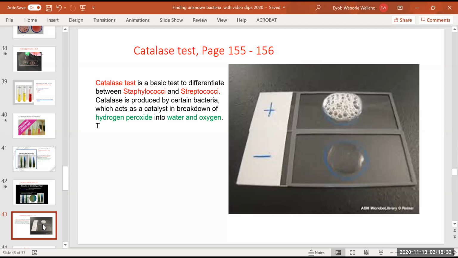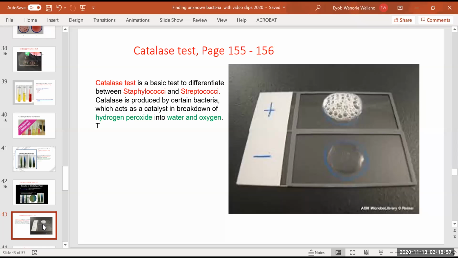That is a virulence factor of that microorganism. The microorganism is gram positive, and the enzyme is coagulase, or we can call it staphylokinase. If it is streptococcus, we say streptokinase. It is an enzyme for streptococcus.